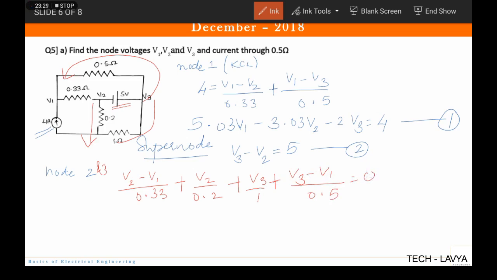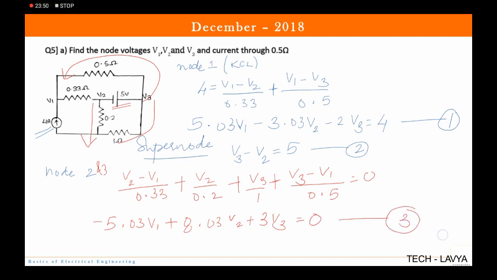This is equal to 0. So when we solve this, we will be getting minus 5.03 V1 plus 8.03 V2 plus 3 V3 equal to 0. This is equation number 3.